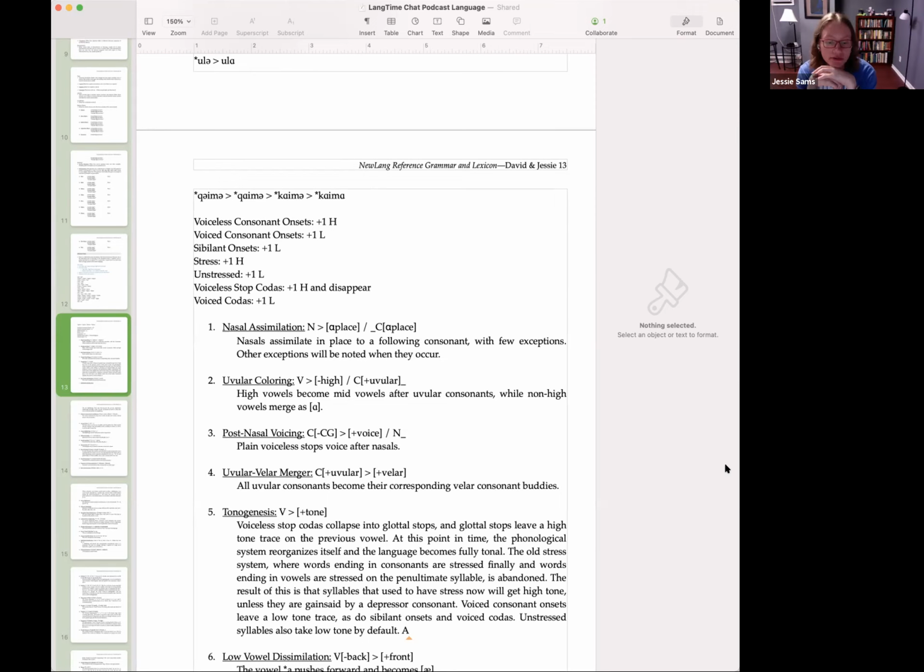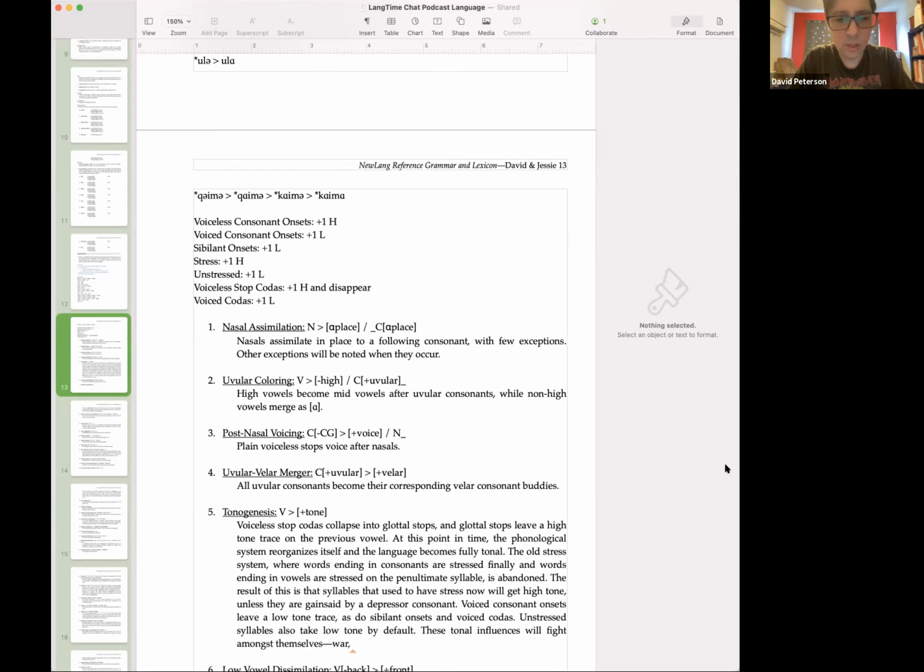Well, not everything, because then you have to mention that if there are more, let's call these tonal influences, they will fight amongst themselves. War, if you will, for control of the syllable.